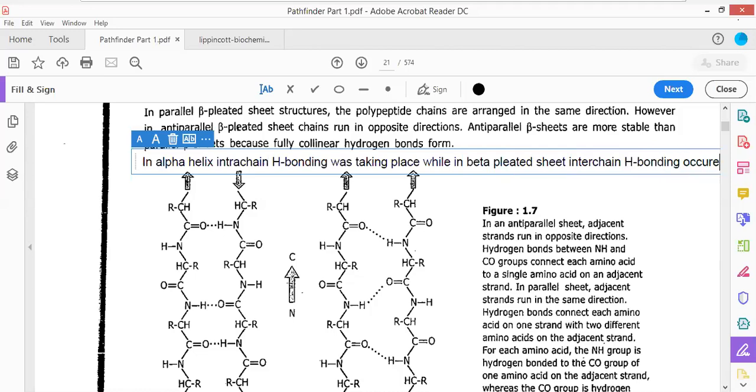So there was interchain hydrogen bonding which was taking place in the case of beta pleated sheet structure.